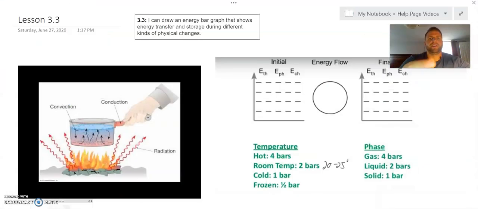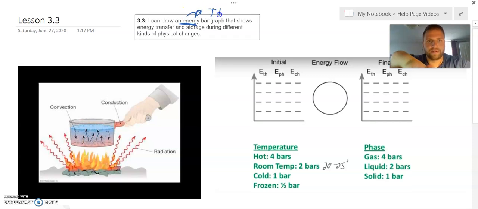So let's first define the word energy. What does energy mean? Well, energy is, as I describe it, the stuff that makes things operate.